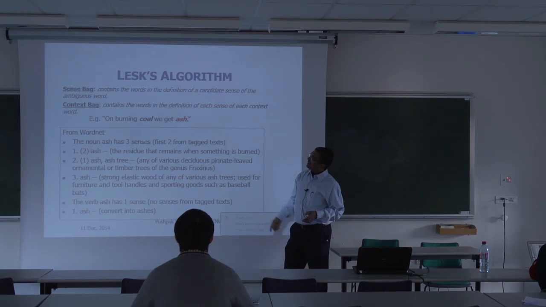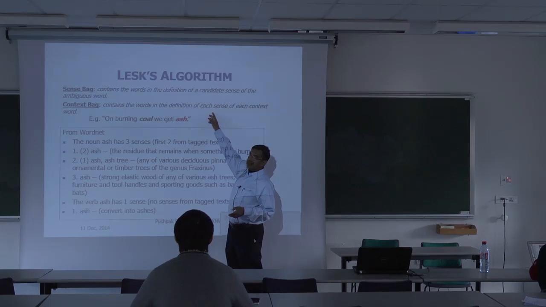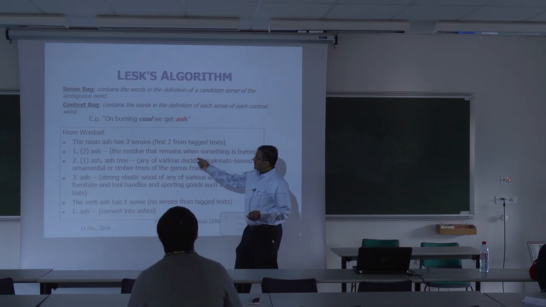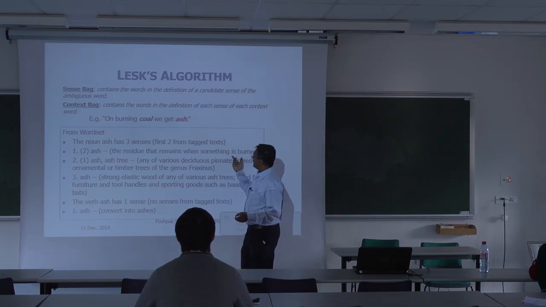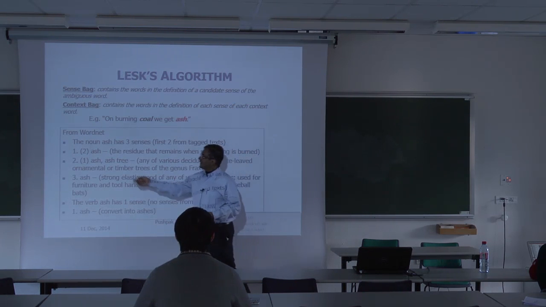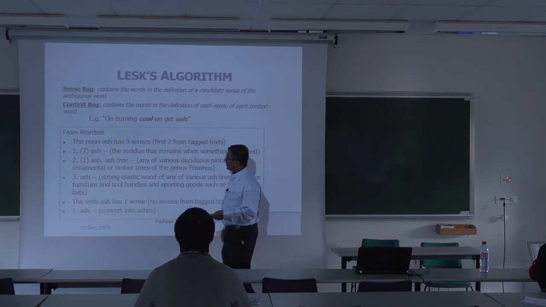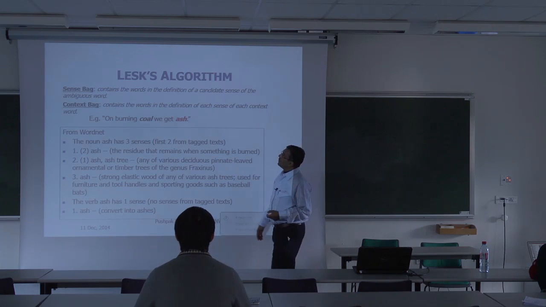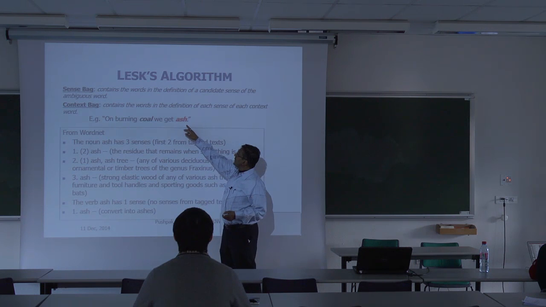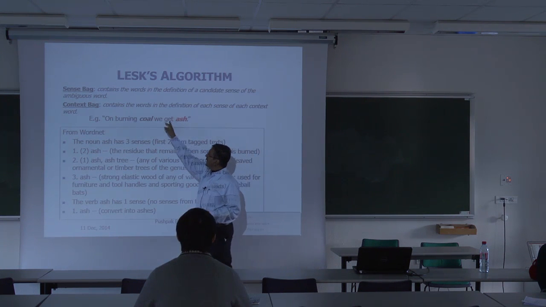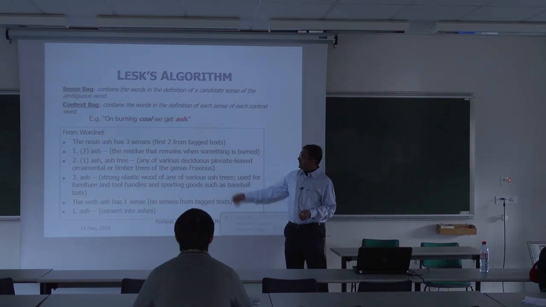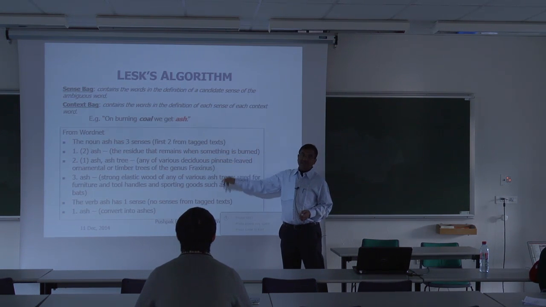So, in the Lesk algorithm, we create what is called the context bag and the sense bag. The sense bag is created from the gloss, all the words in this gloss and the synonymous words here, and context bag comes from the sentence, on burning coal we get ash. So, here the context bag consists of get, coal and burn, and the sense bag consists of the words here.